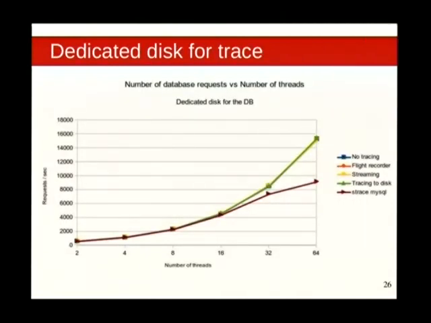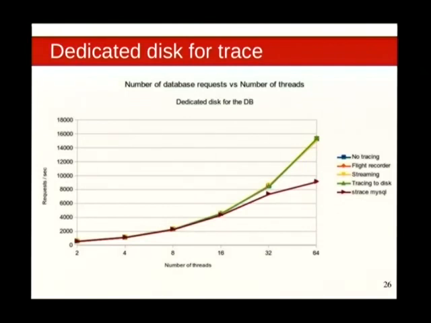So this is a dedicated disk for trace. It means that we have a disk, and the trace is being put on that dedicated disk, not a disk shared with your operating system. You can see there are 5 lines, but you see 2 right now. The red one is strace with MySQL, and the rest is the same with LTTng.